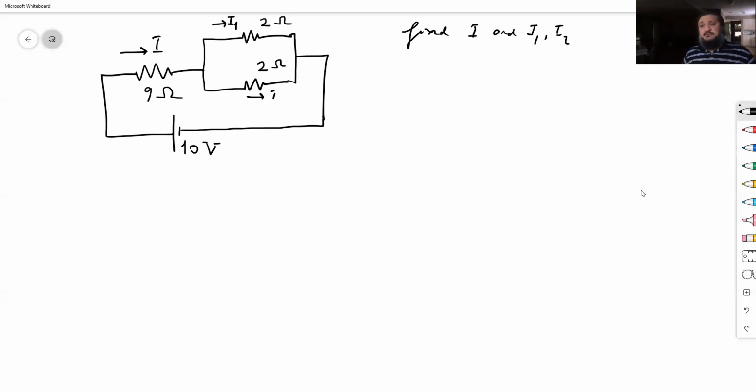Okay, so when you solve a problem like this, it obviously has both parallel and series connections. So you have to decide which ones you want to start with. You don't start with the 9 ohm and then the 2 ohm and see if these two are in series or parallel. You don't, because there's a 2 ohm in the middle, right?